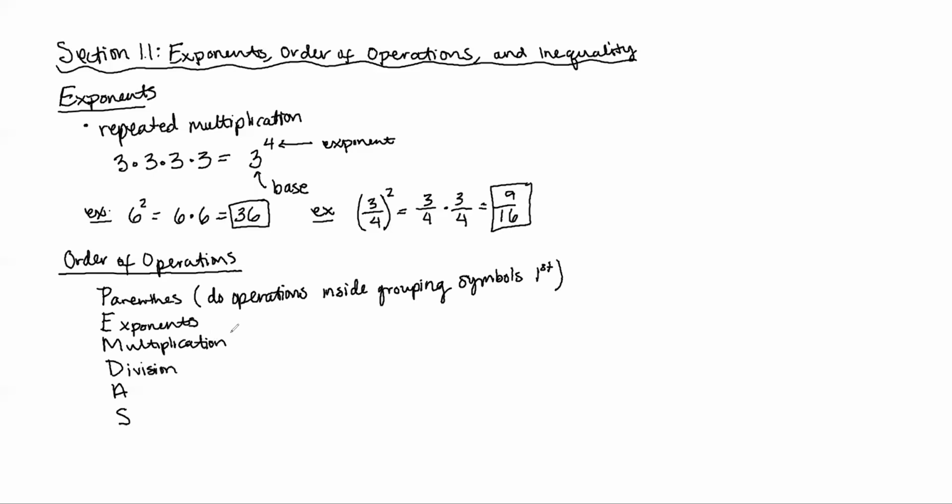And we're going to do multiplication and division from left to right. And so that just means whichever one comes first. It doesn't have to be multiplication before division. It's just going to be that we do those from left to right. And same thing with these last two, addition and subtraction, are also going to be from left to right. So whichever comes first, from left to right, we're going to do first.